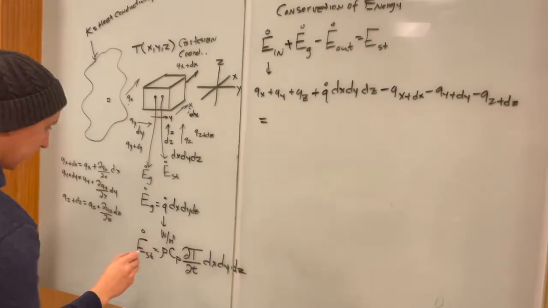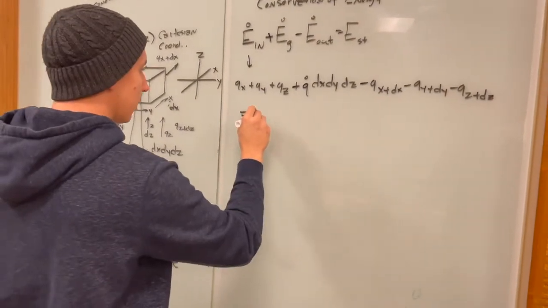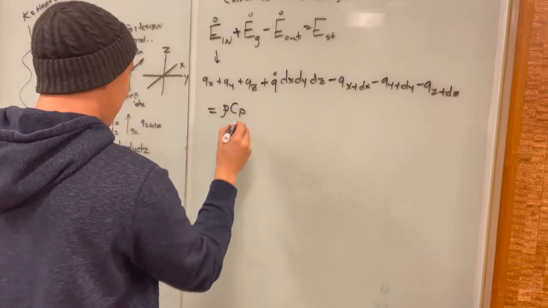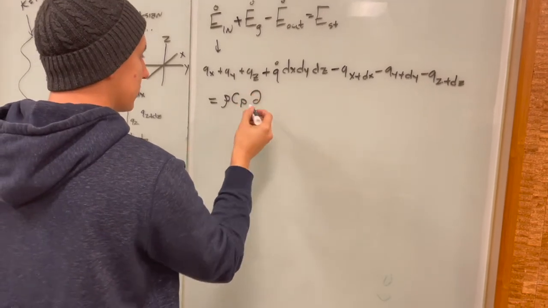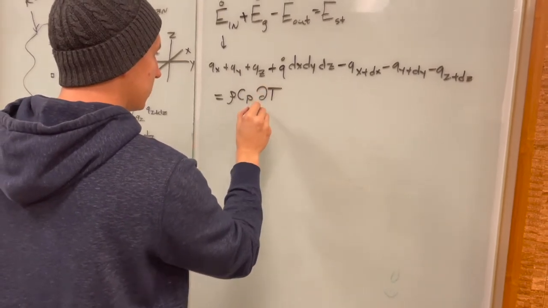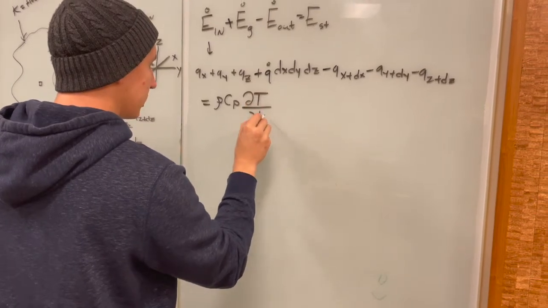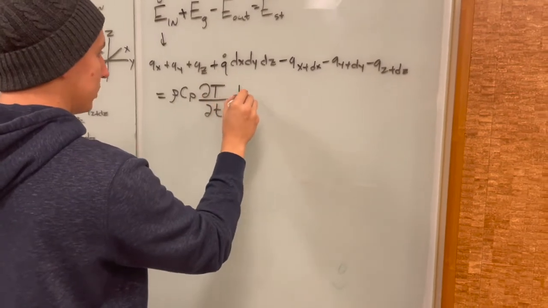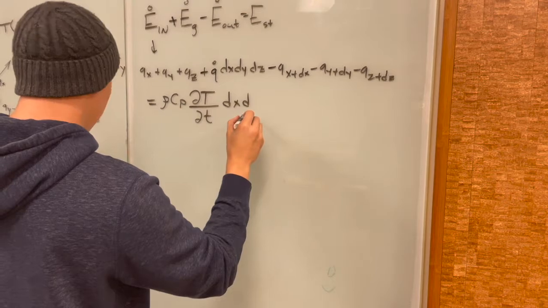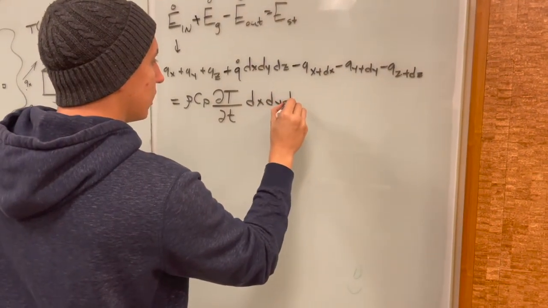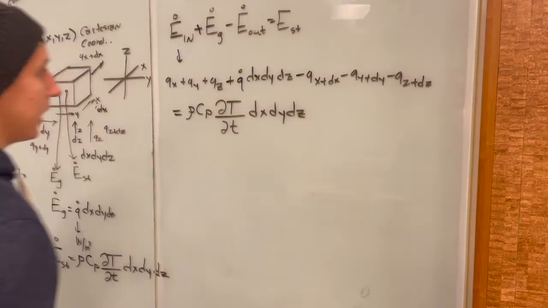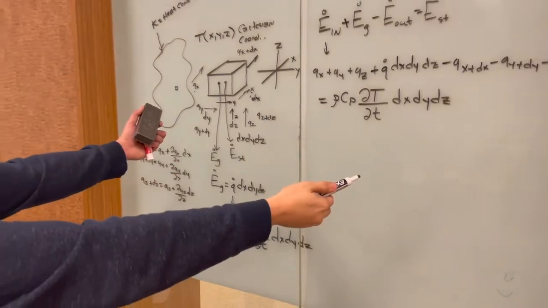This same thing, our density, our specific heat capacity, times the differential change in temperature with respect to time, times our differential volume here. Okay, so now we have this equation.